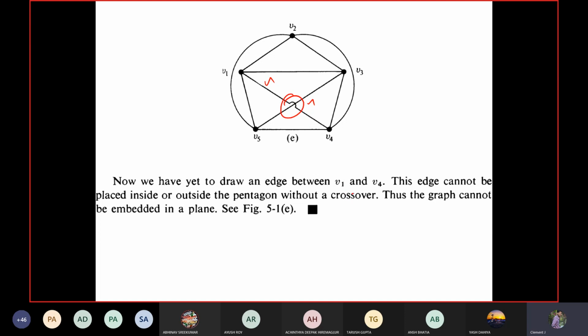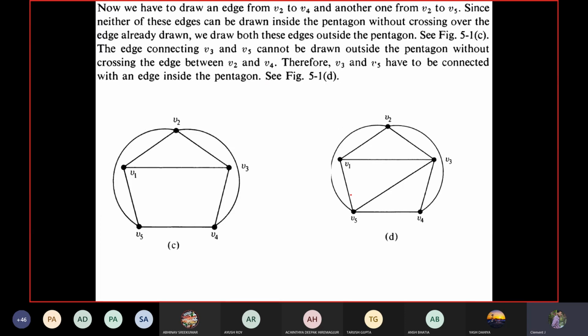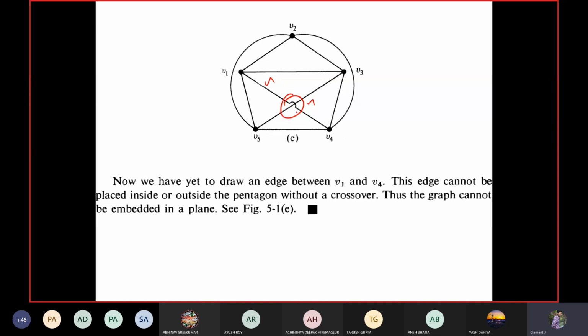It's a very simple theorem; they are constructing the graph step by step. At the final step, you will get an intersection between the edges V1V4 and V5V3. Because of that reason, without a crossover we could not draw the complete graph K5. So by this reason, it is a non-planar graph.